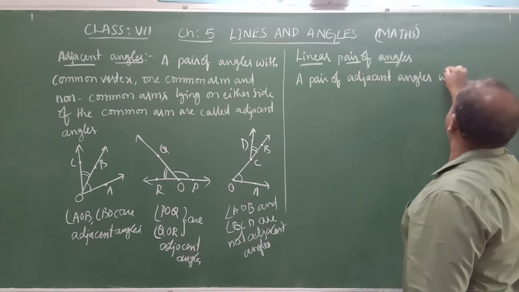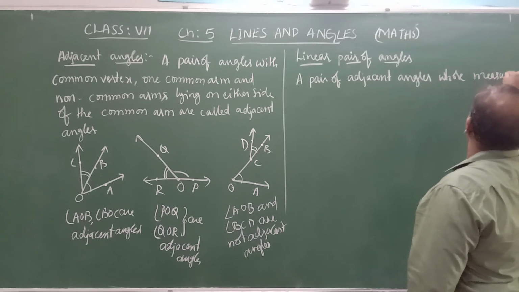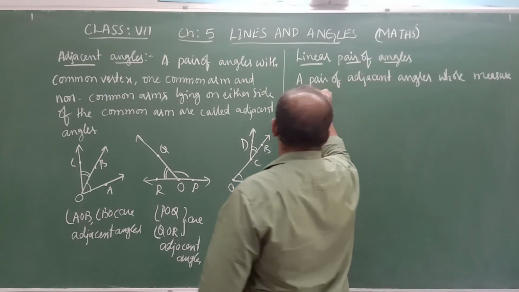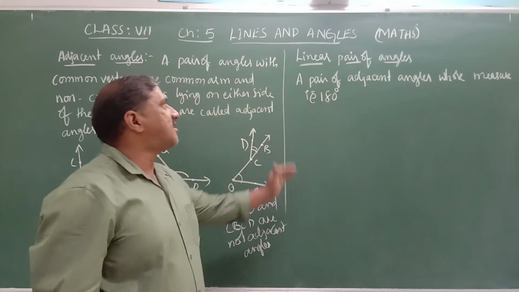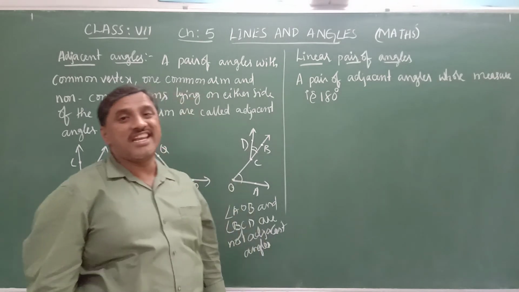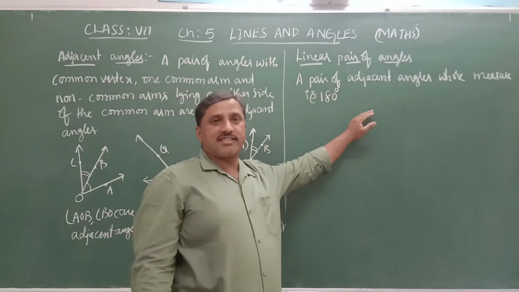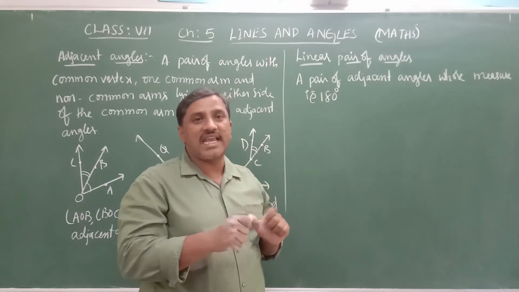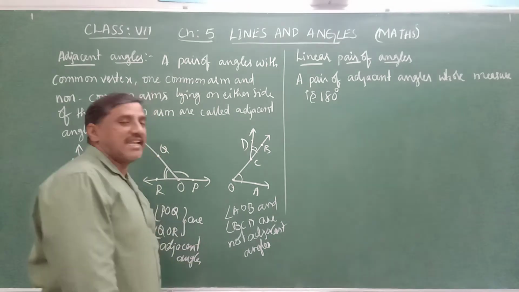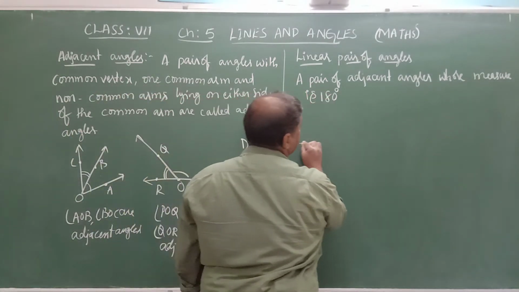Or, a pair of adjacent angles whose non-common arms lie exactly on opposite sides of each other. So linear pair of angles look like this.